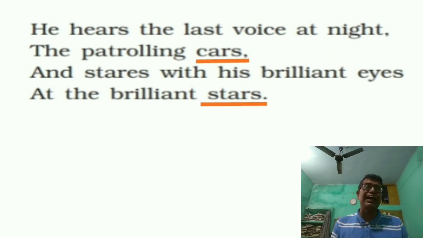Here cars and stars are B, B. If we put letter A for night, then the second sentence's last word is cars, B, and the third sentence ends in ice, but there is no rhyme, so naturally it will be C. The last word of the last sentence is stars, which rhymes with cars.